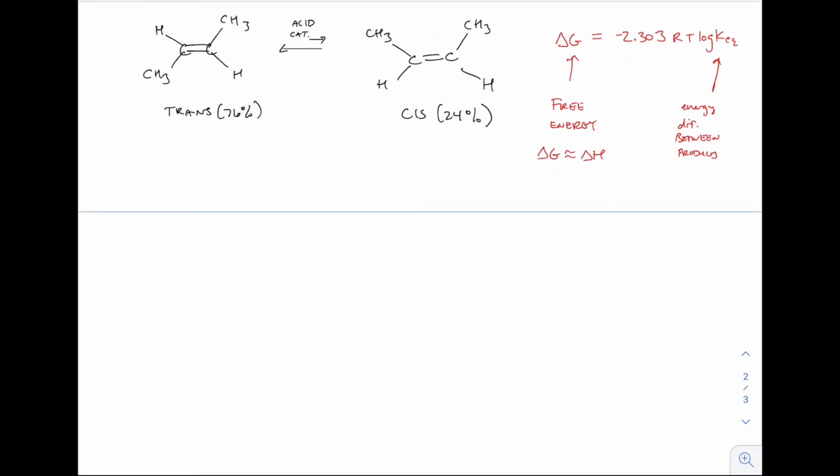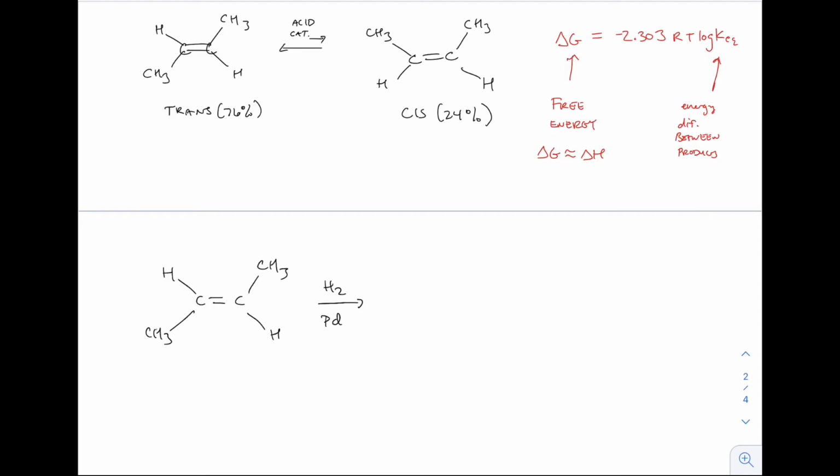That's why the greater stability of trans results in a higher population of trans at equilibrium in this particular acid catalyzed reaction. So again, I'm just showing you the relationship between stability and equilibrium.